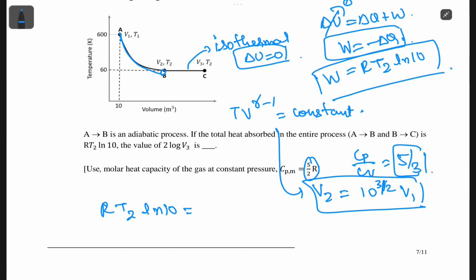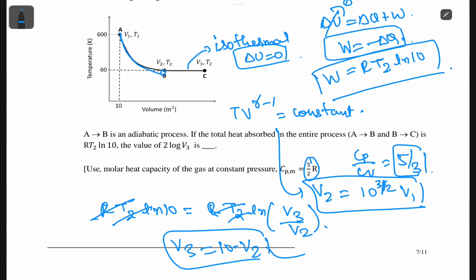One second. The other part should be R ln V3 by V2 right here. So V3 is just 10 times V2, right?